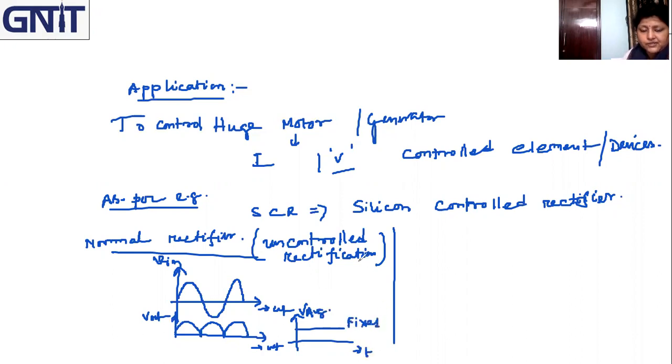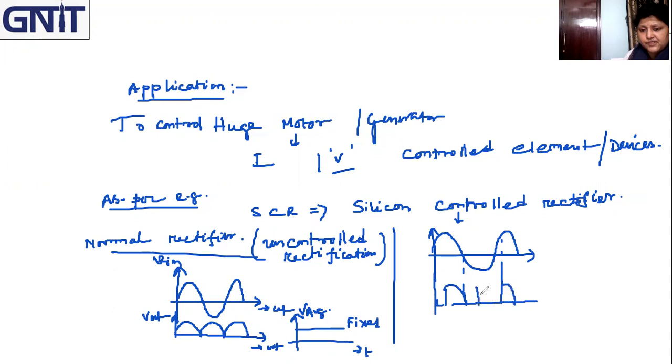And while we are talking about the controlled rectifier, I am again sketching the input and output waveforms. In the case of the controlled rectifier, if it is full control, then we will get this kind of output.